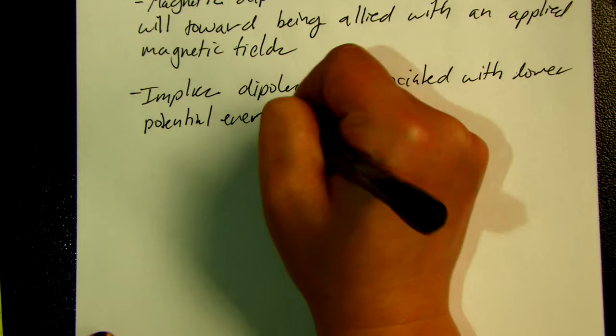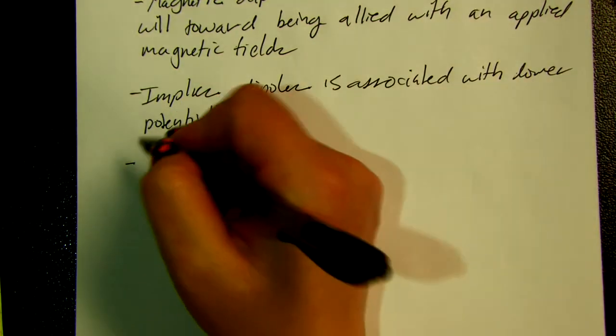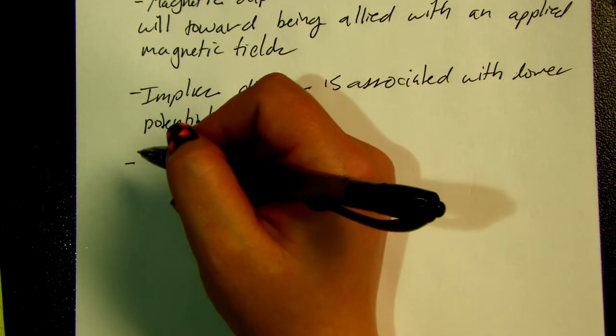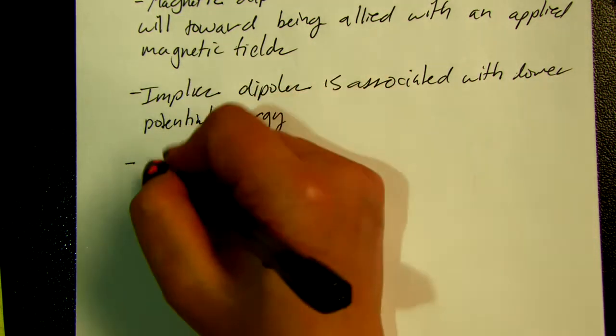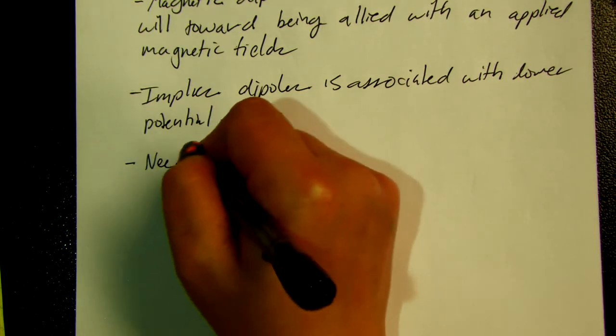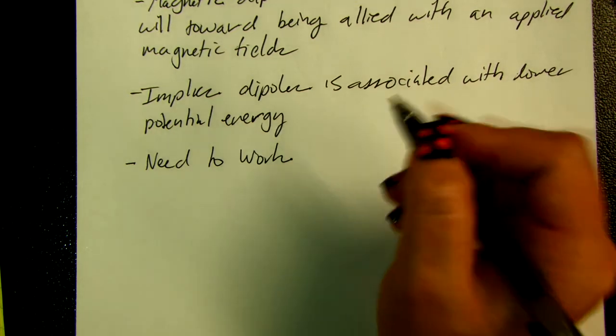Now, we are talking about energy. We are talking about potential energies. So clearly what's coming up now is going to be some work. So we need to do some work calculations.